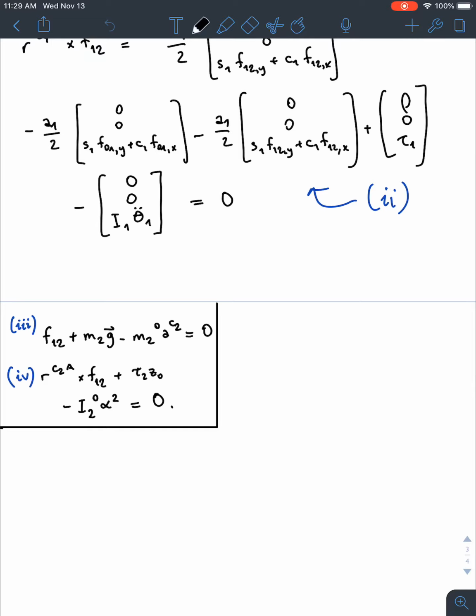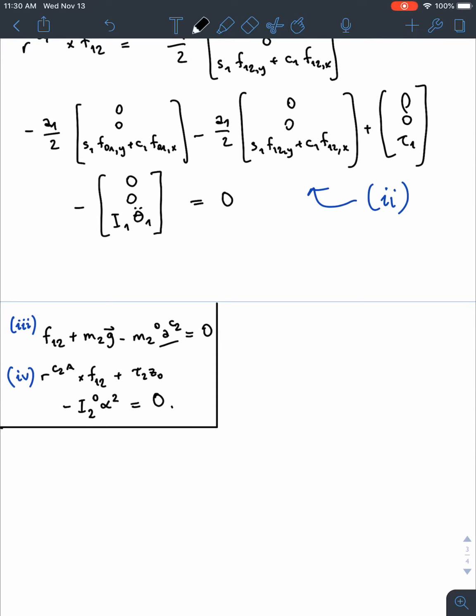When I inspect equation 3 here, I copied them down here for convenience. When I look at equation 3 right there, I see that I have an F12. I've already accounted for that. I can immediately account for the gravitational forcing, of course, but I still have to express the acceleration of the center of mass of the second rigid body in terms of the variables theta 1, theta 2, theta 1 dot, theta 2 dot, theta 1 double dot, theta 2 double dot.